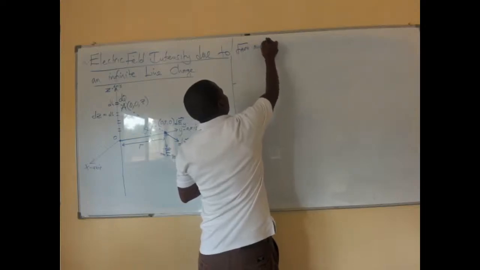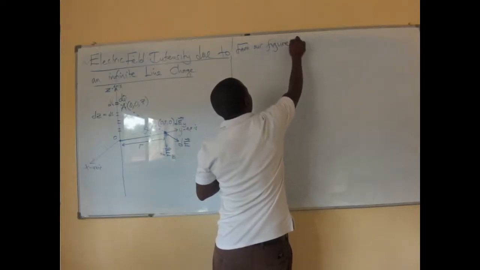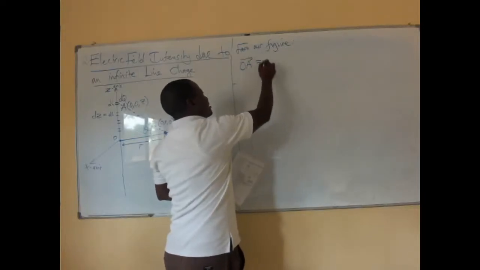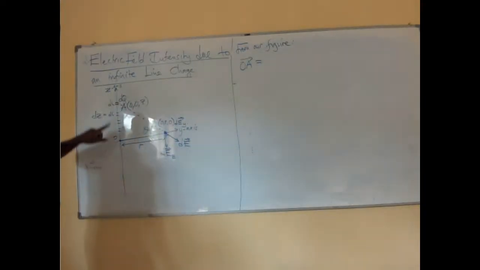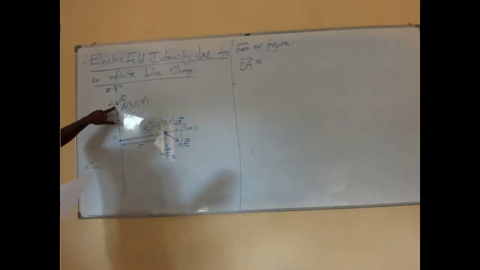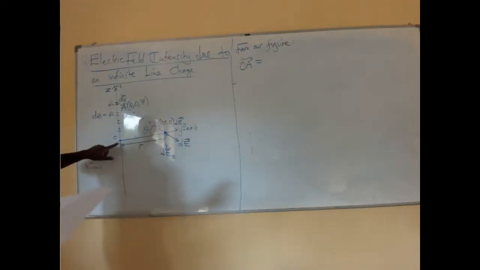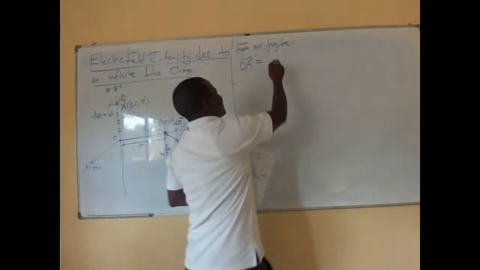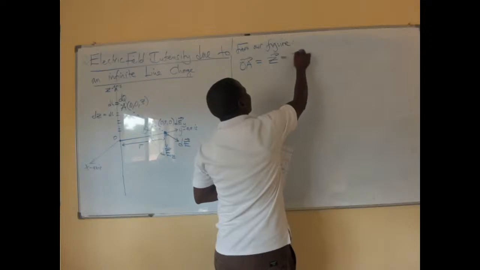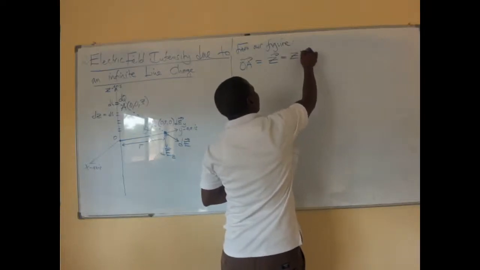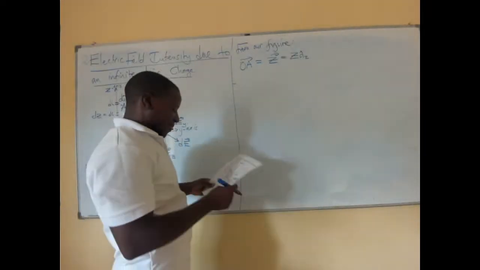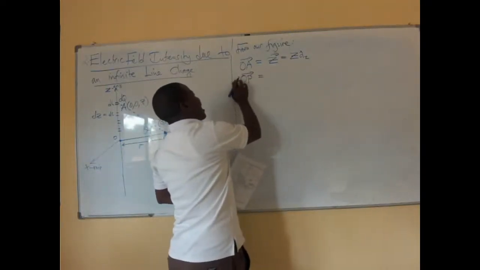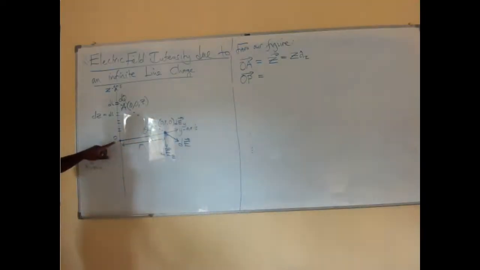What we get is that the distance OA, if we move from O to A, we can describe it as the distance in the Z axis, which is the same as Z magnitude multiplied by the unit vector AZ. Then from there, we can write OP as a vector. This is the distance OP.